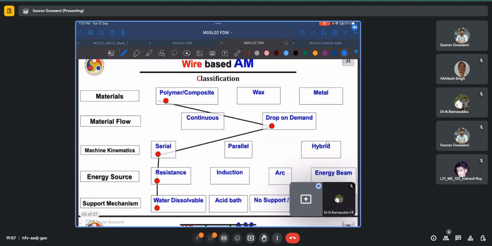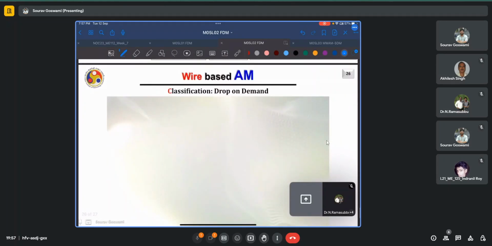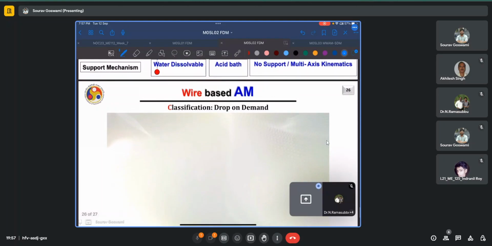One of the very few technologies to actually use a drop on demand based material flow technique has also been discussed, where maybe in the deposition nozzle there is a plunger and molten material is present all around.